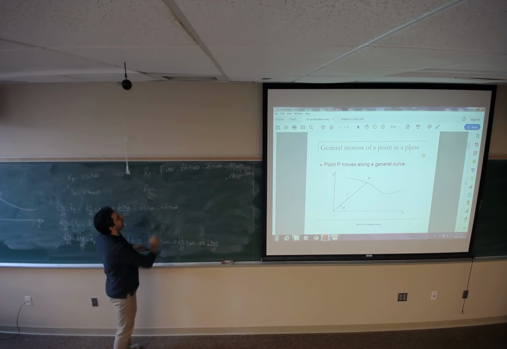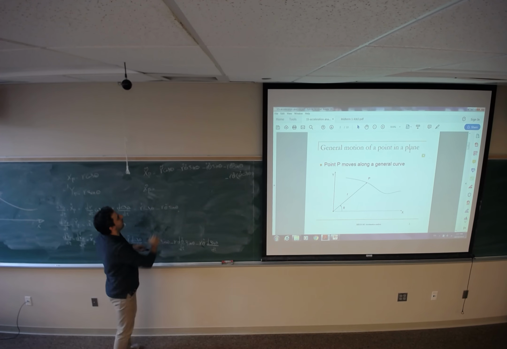So this one was point P. The x component of point P is going to be r cosine of theta, and the y component of point P is going to be r sine of theta. If I define point B with the x component of point B equal to, for example, b cosine of theta, and the y component of point B is going to be b sine of theta.